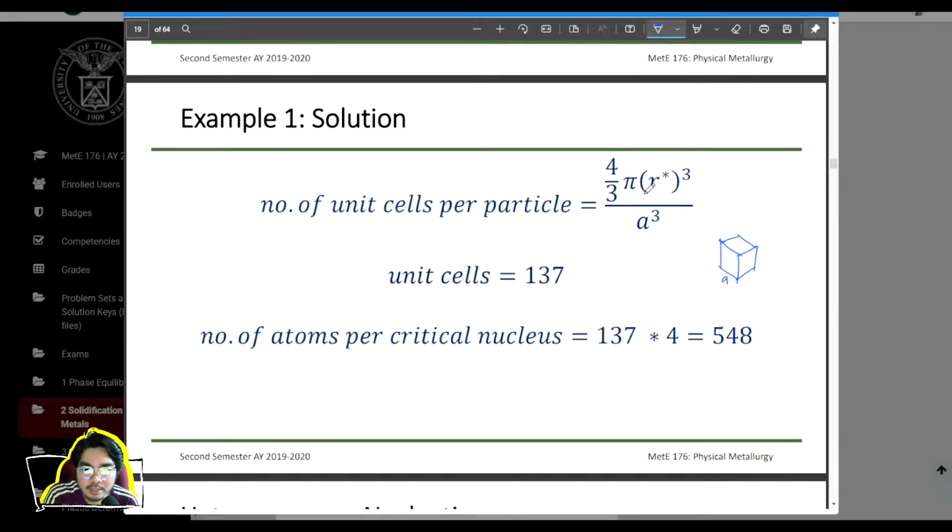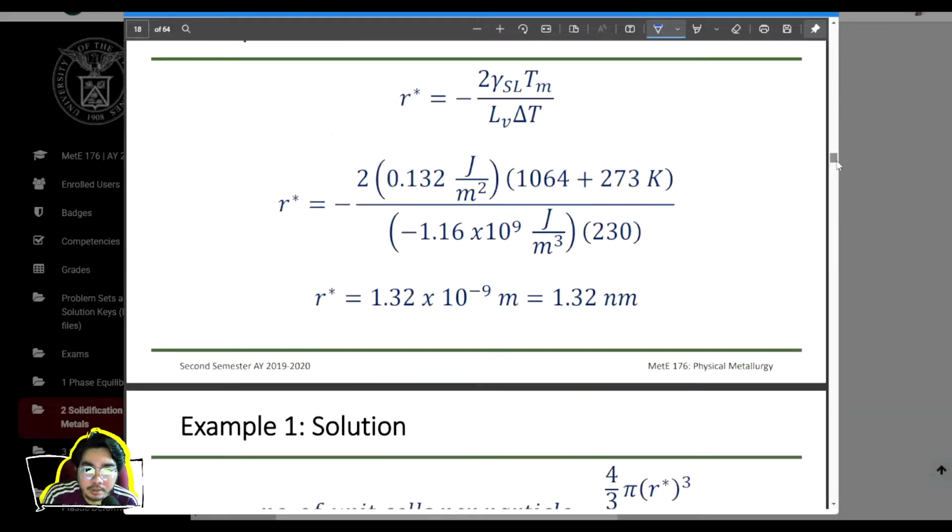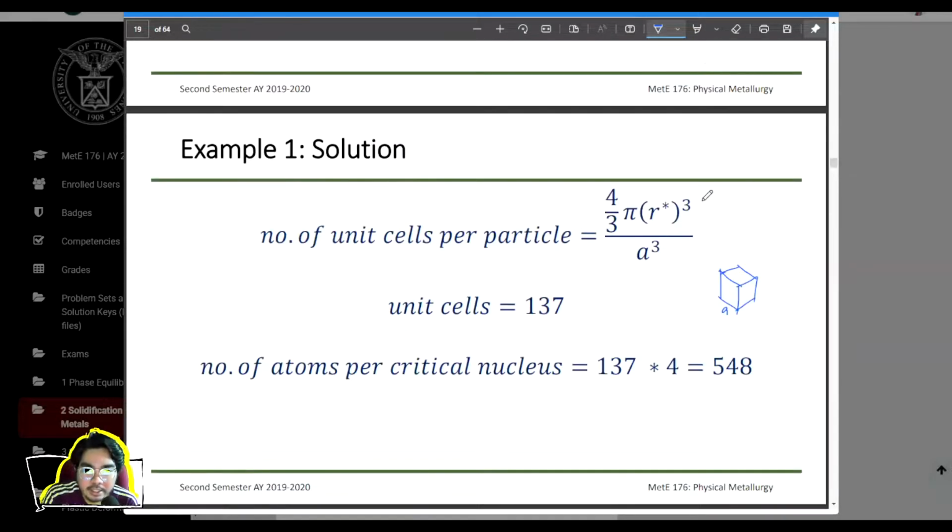So ilang A cube ang maipapasok mo doon sa nucleus mo of radius R star. So kung meron kang radius na R star dyan, ilang ganito yung kasya dyan sa loob ng stable nuclei dyan.